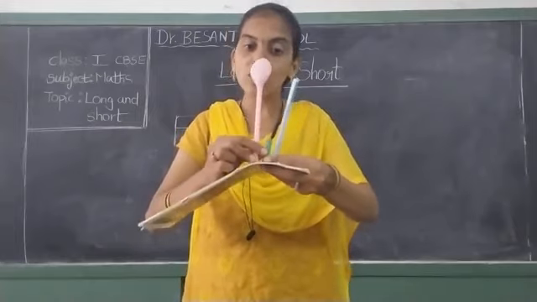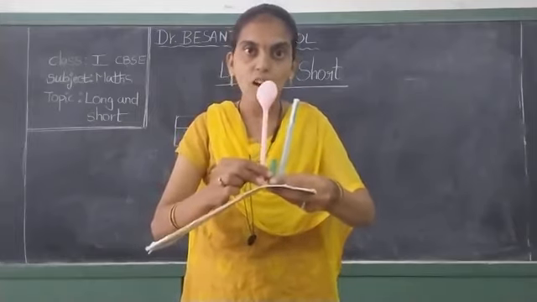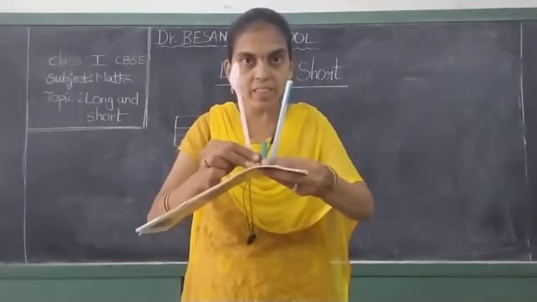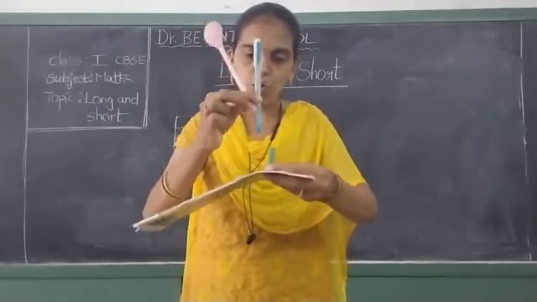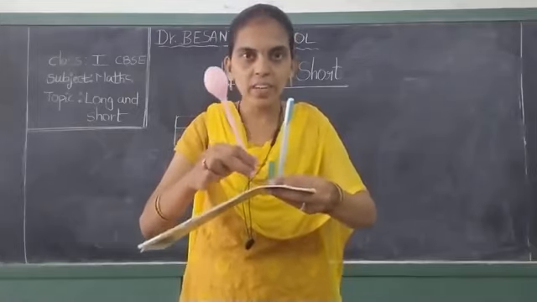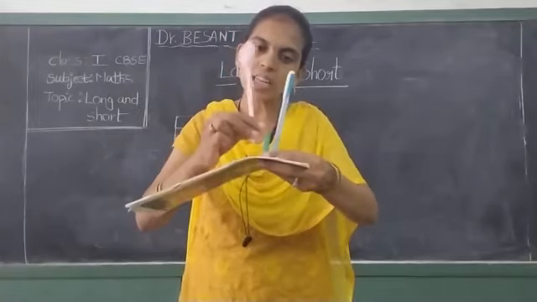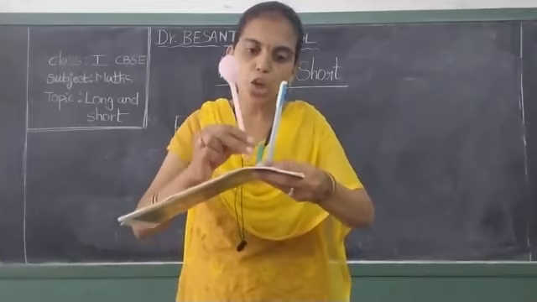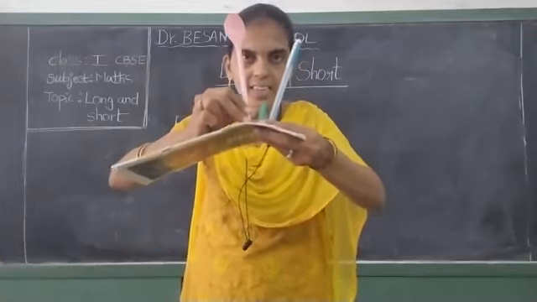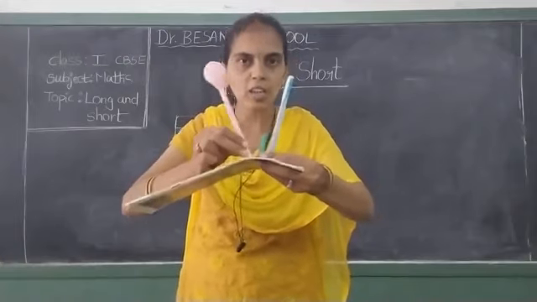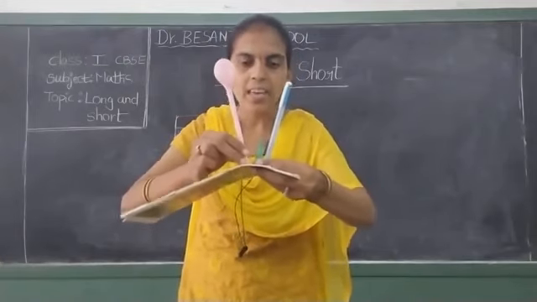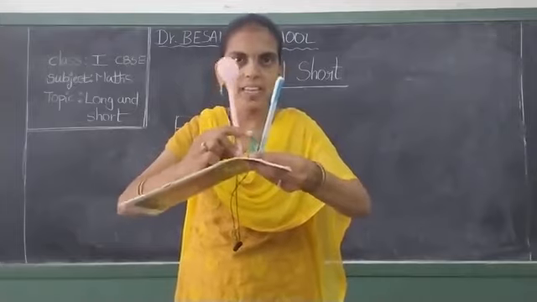That means this chalk piece is shorter compared with these two objects, spoon and pen. So ultimately what we observe, this chalk piece is the shortest among these three items. So children, you repeat, which one is the shortest? Yes, it is the chalk piece.